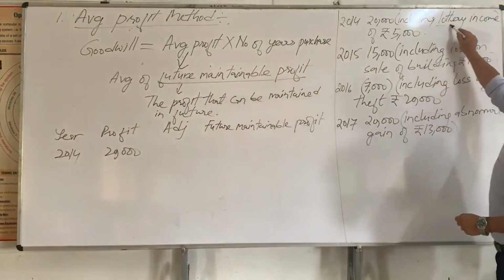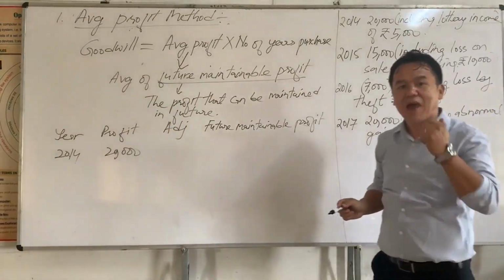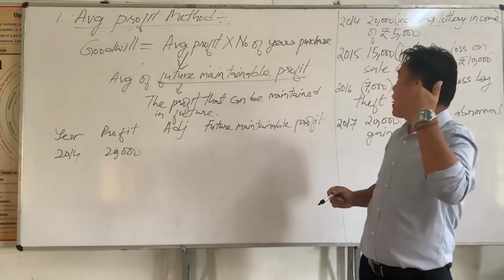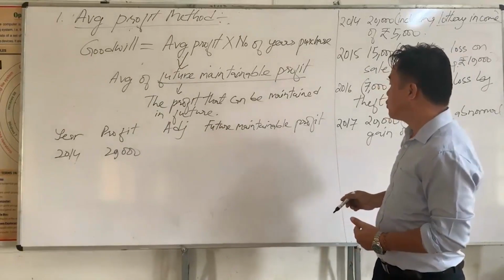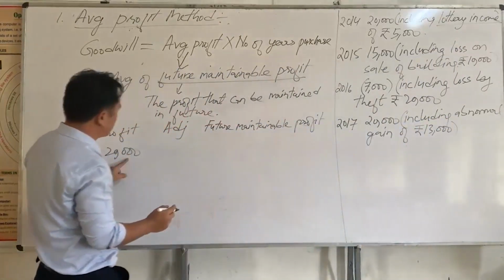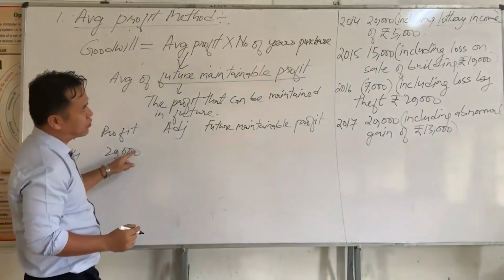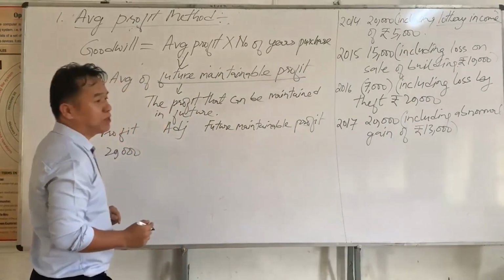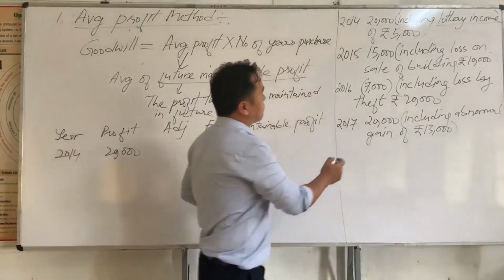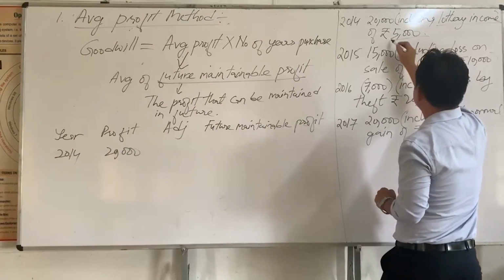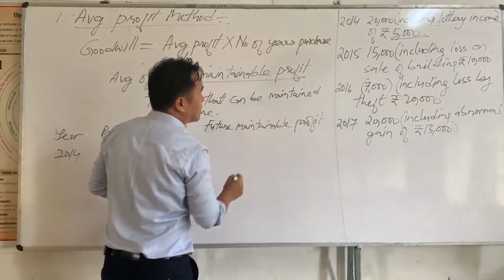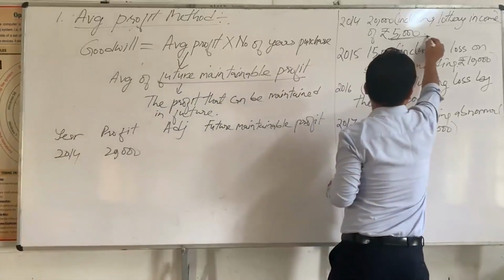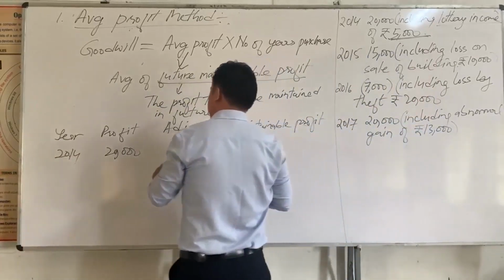Since lottery income is an abnormal gain, it should be adjusted in the profit of that year in order to get future maintainable profit. What is the amount of lottery income? 5,000. So this 5,000 should be deducted from the profit of that year.